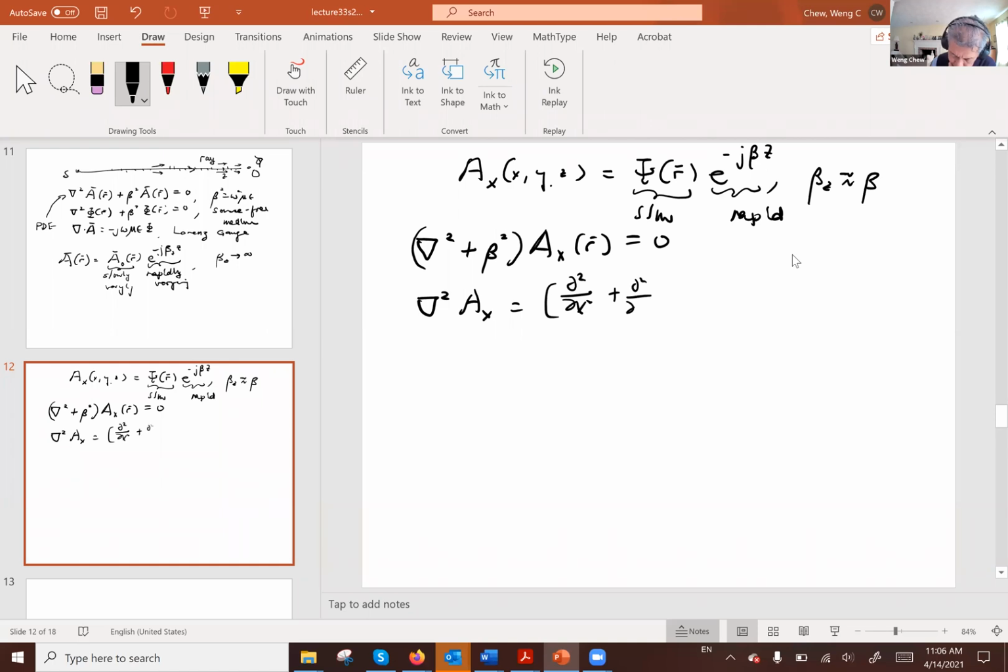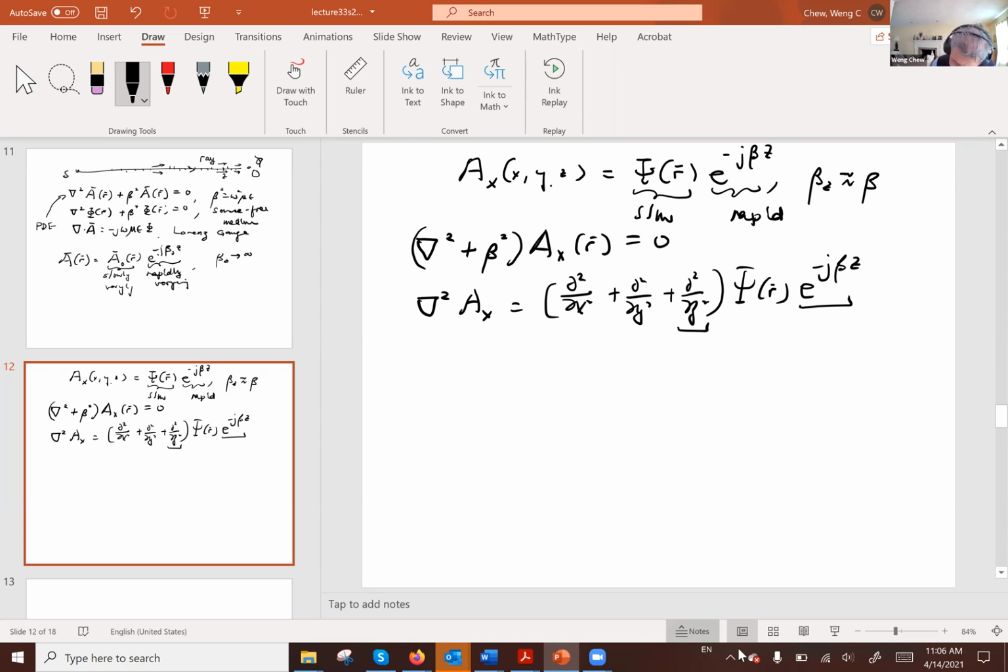Okay, and then if I observe this more carefully, I would have the Laplacian of A_x being equal to the partial x squared plus partial y squared plus partial z squared, and then this operating on psi of r e to the minus j beta z. Okay, and this is the only function that depends on z rapidly. Let me focus my attention on the second derivative of this function with respect to z.